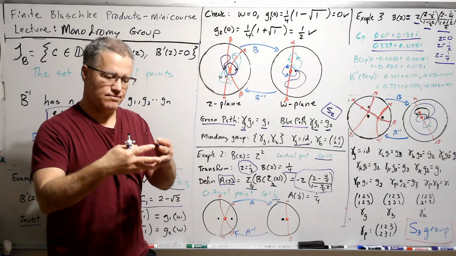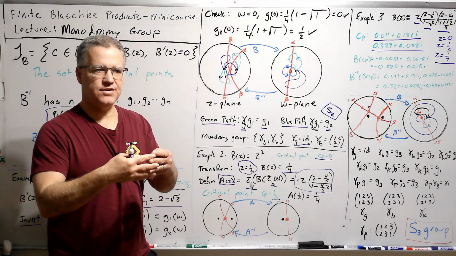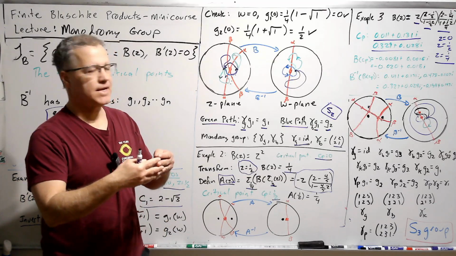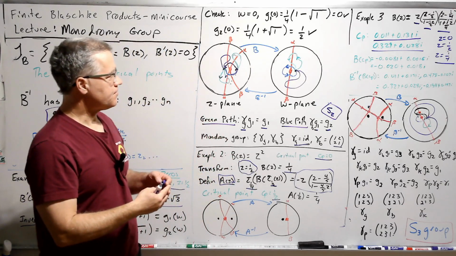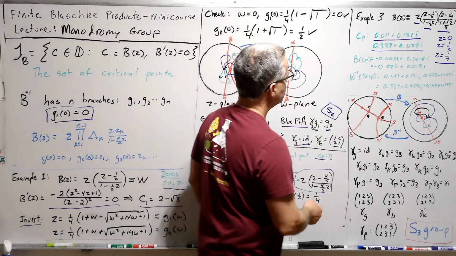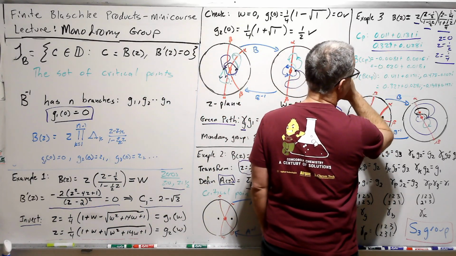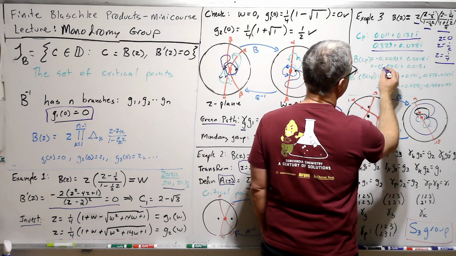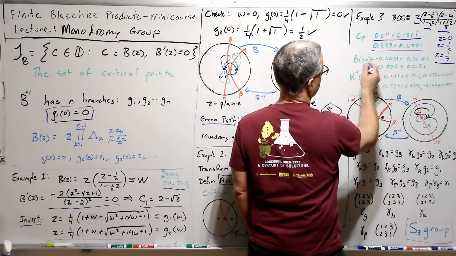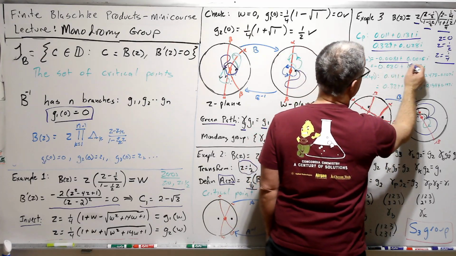If you have some convergence of the zeros or the critical points, then sometimes you just get a subset of the permutation group. Okay, so let's take these critical points and get their values when we stick them back into the Blaschke product. So that's going to be these two.